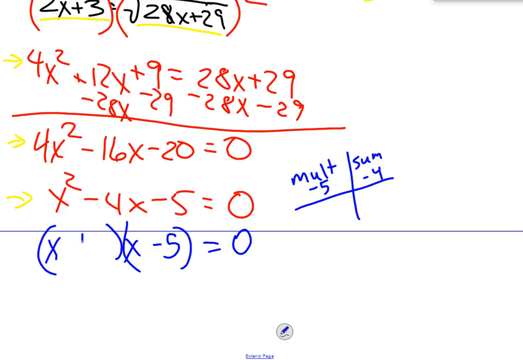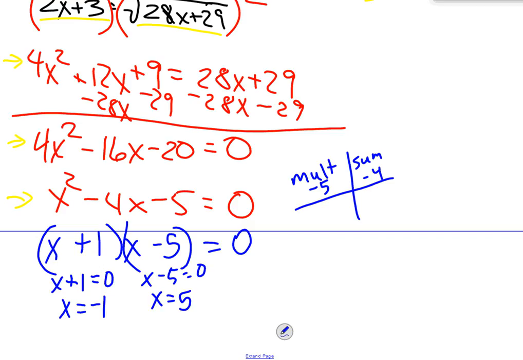Negative 5 and positive 1. And so then mathematically, I'm setting each of those factors equal to 0, because if two things multiply to be 0, and if either one of them is 0, then the product will be 0. So x equals negative 1, x minus 5 equals 0 here, so x equals positive 5.